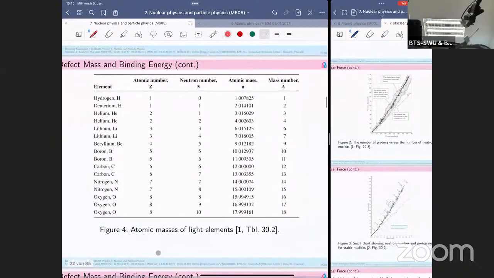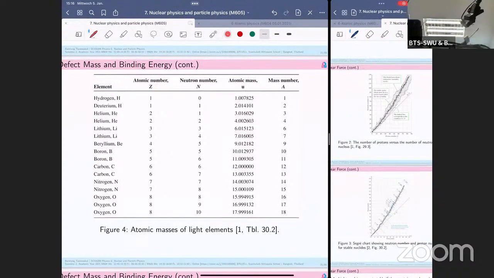Okay, now let's talk about the atomic mass of the light elements. Atomic number Z, mass number A, neutron number N, right? We have hydrogen.